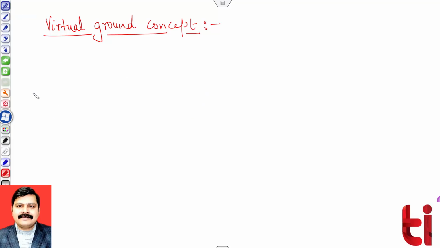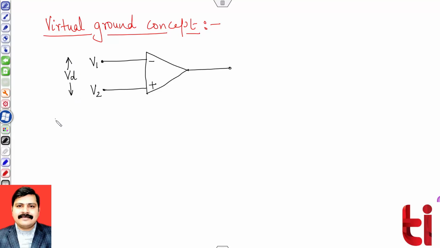So, for better understanding, I'm drawing one diagram by which one can easily understand. If you can recall, this was the symbol of op-amp, inverting terminal, non-inverting terminal. The two terminal voltages are V1 and V2. Differential input voltage is VD. So my differential input voltage VD will be equal to V1 minus V2.